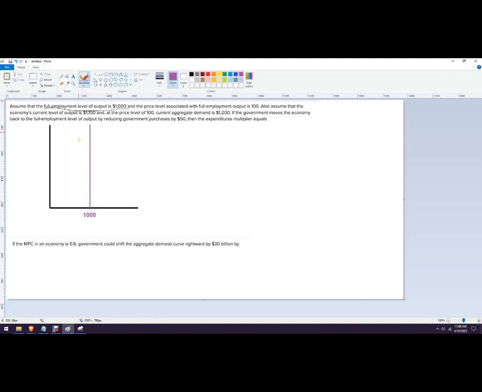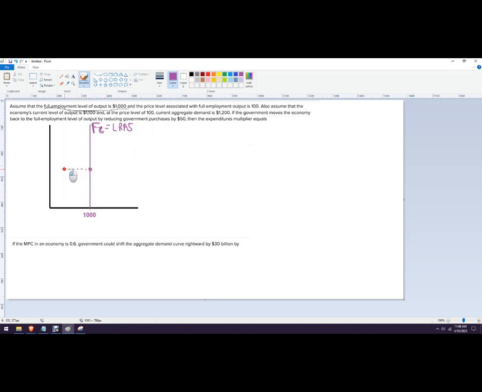This is full employment. It's also equal to the long run aggregate supply, sometimes called potential GDP also. Same thing. And it says full employment output price rather is 100.